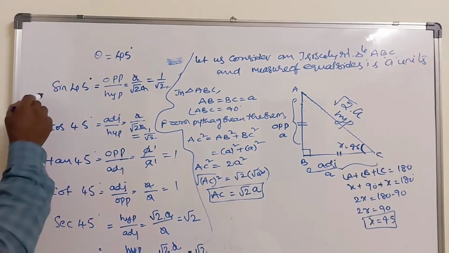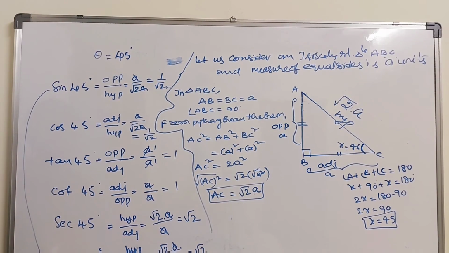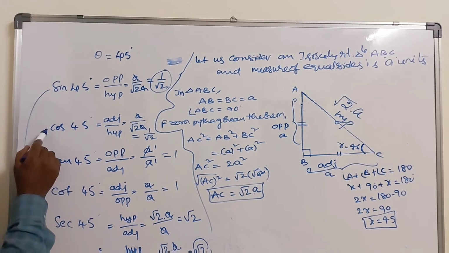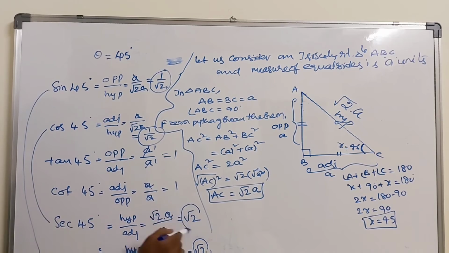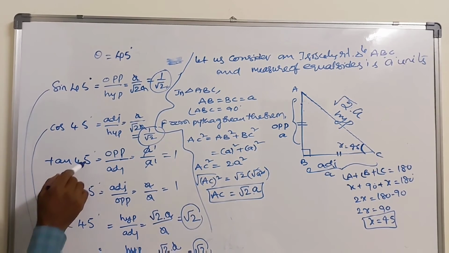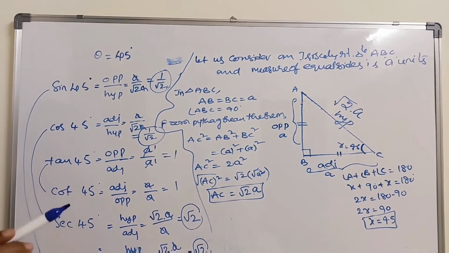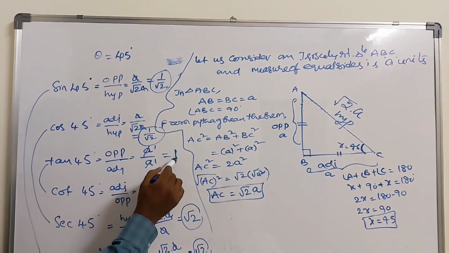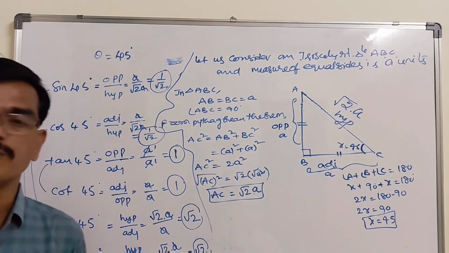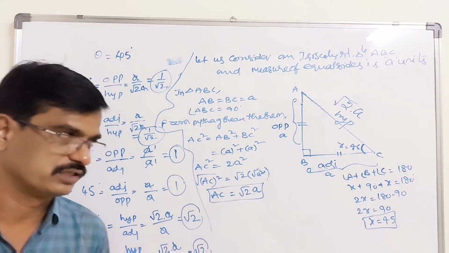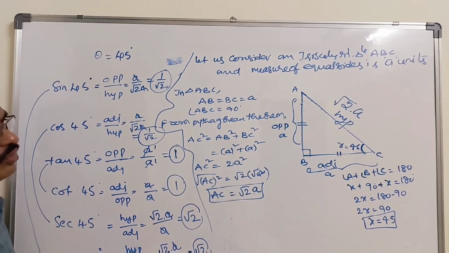Look here, sine 45 and cosecant 45 are reciprocal: here 1 by root 2, here root 2. Cos 45 and secant 45, 1 by root 2 and root 2, are reciprocal to each other. Tan 45 and cot 45 are reciprocal to each other, where tan 45 is 1 and cot 45 is 1, because the reciprocal of 1 is 1 only.